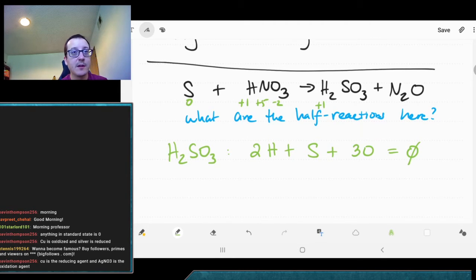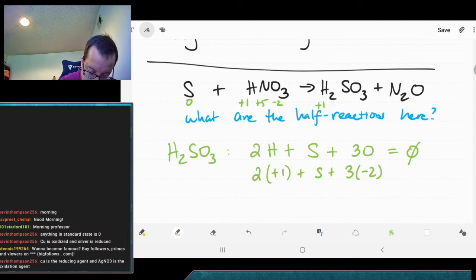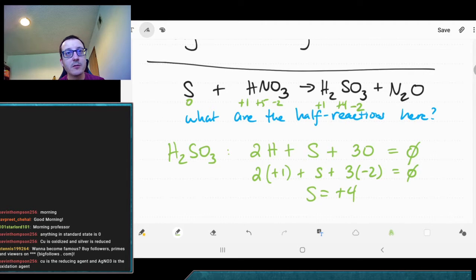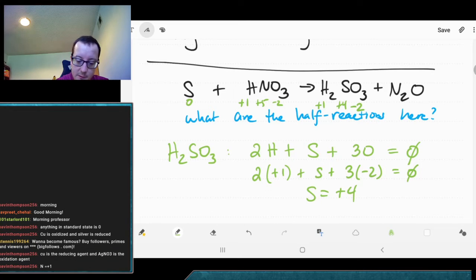We know the hydrogen is +1, the oxygen will be -2 according to our hierarchy, and so sulfur ends up being +4 as a result. And of course our oxygen would be -2. For the last one, nitrogen is +1, oxygen is -2.